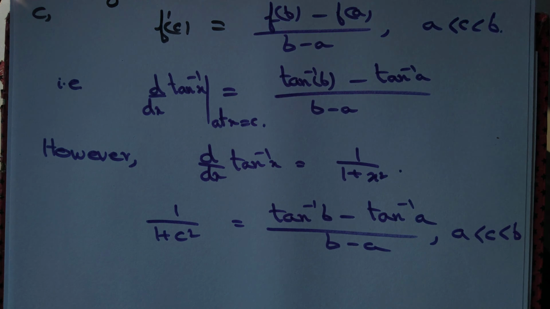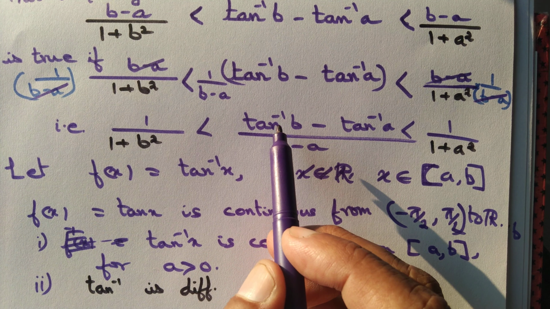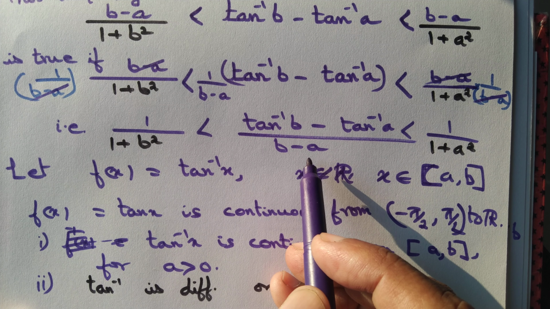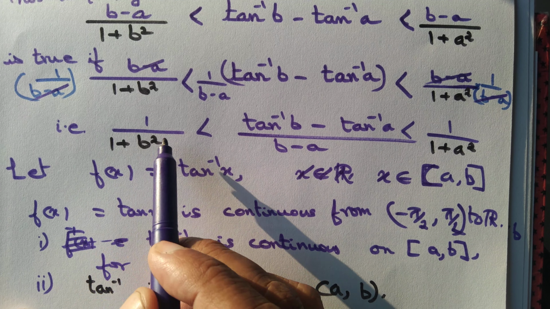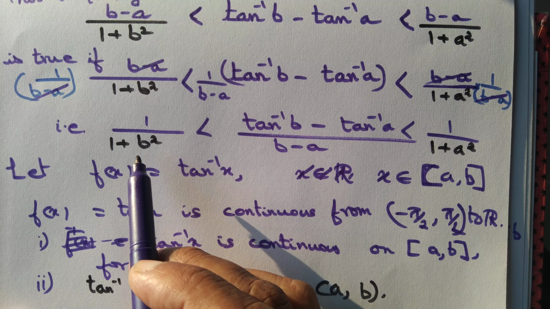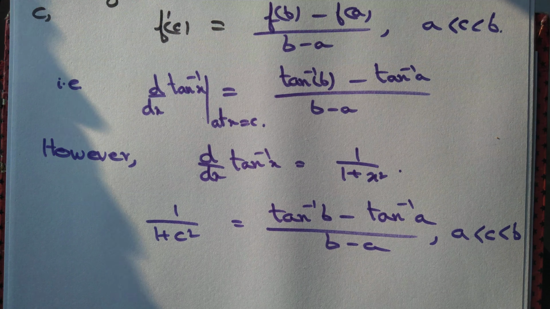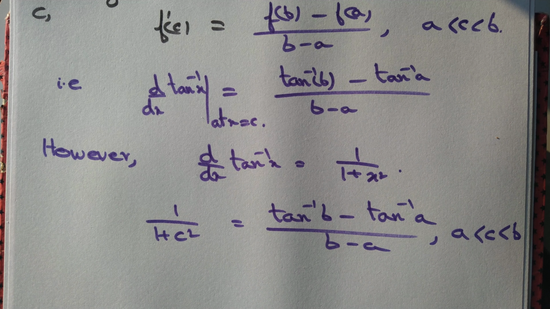Okay, we got something like tan inverse of b minus tan inverse of a divided by b minus a. And we need the expression 1 by 1 plus b square and 1 by 1 plus a square. How can we get it? We got 1 by 1 plus c square.